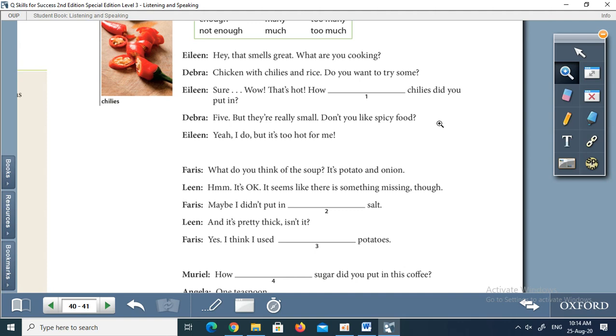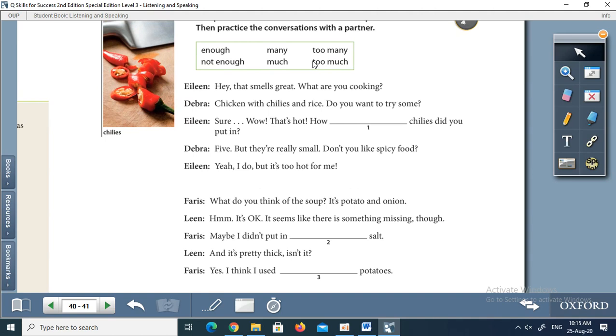And what they want you to do on page 41 is look at these 6 words or phrases: enough, not enough, many, much, too many, too much, and then go through and see what fits into which block.